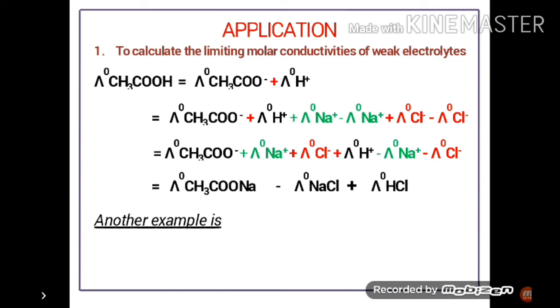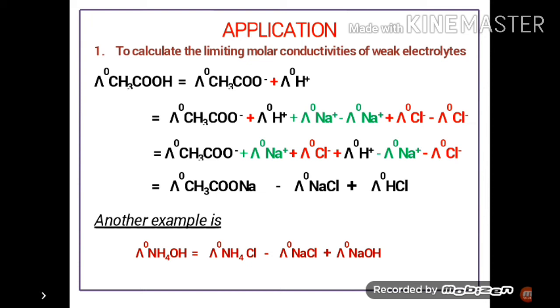Another example for the application to calculate the limiting molar conductivities of a weak electrolyte. From this example you will find how the question will be solved. Here, 3 strong electrolytes, ammonium chloride, sodium chloride and sodium hydroxide, are given. How will we use their values to find the value for ammonium hydroxide, NH4OH?